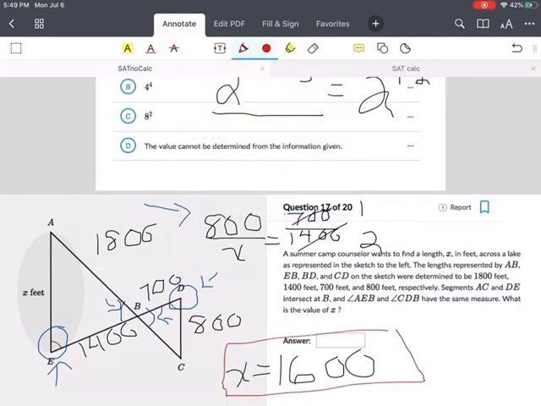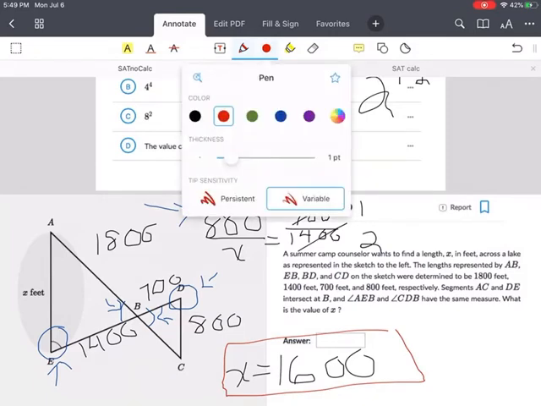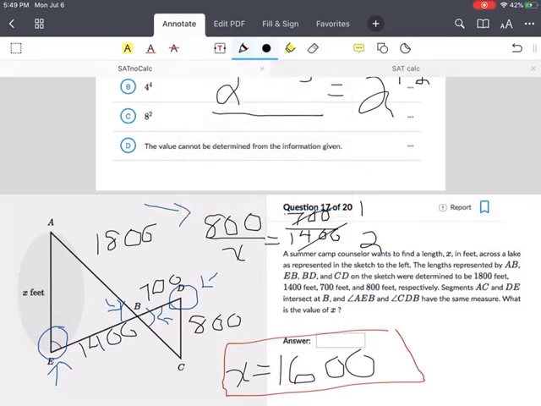And if we go back to the figure, that makes sense, because x is right here. This side of the triangle looks longer than this side of the triangle. So logically it makes sense. And algebraically we found it to be 1600.